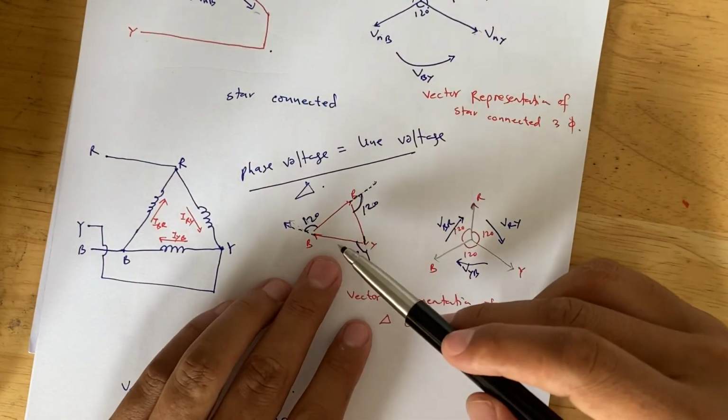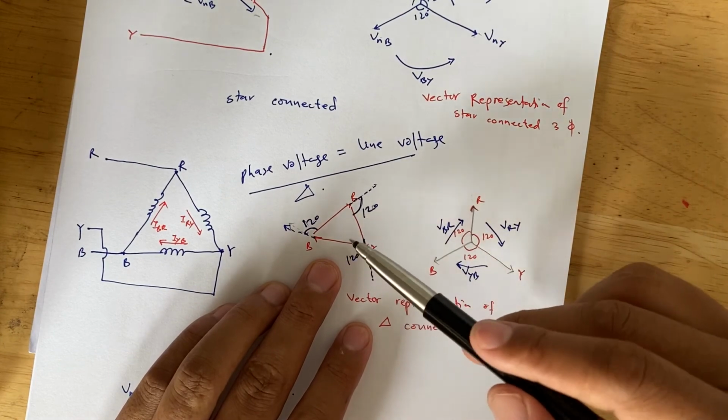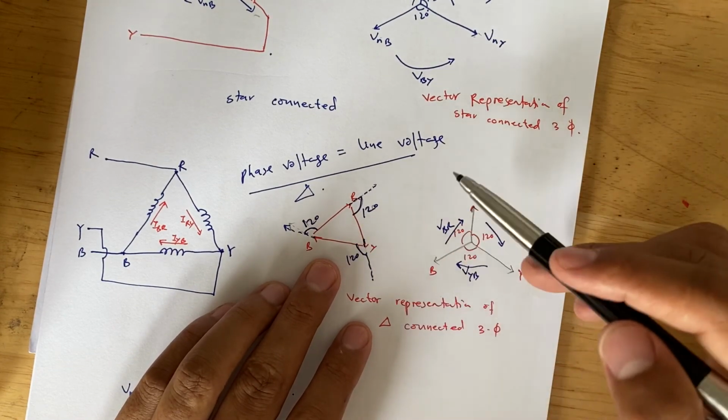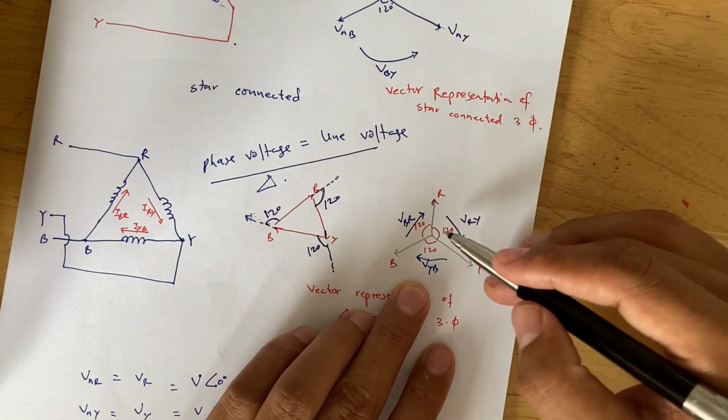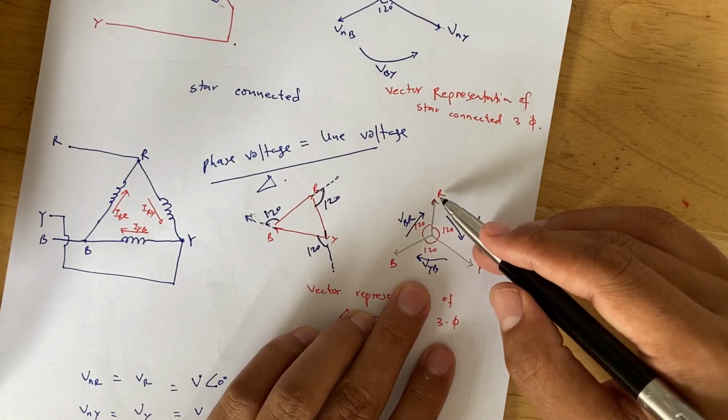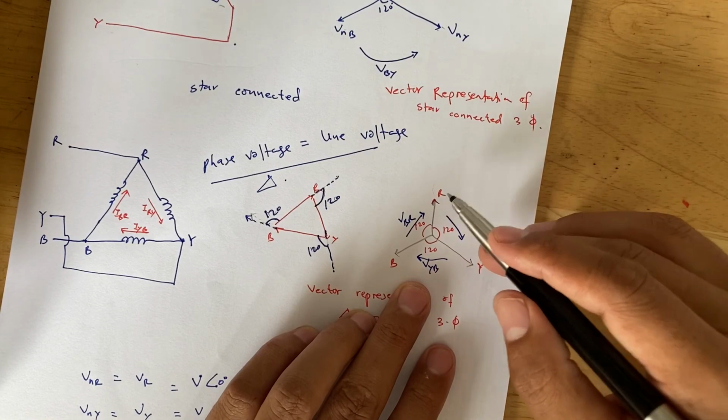We can derive it from here, the vector representation of the delta connected system, and after simplifying we come to this. Here we are also taking R as the reference voltage.